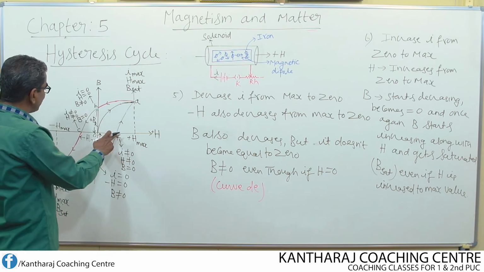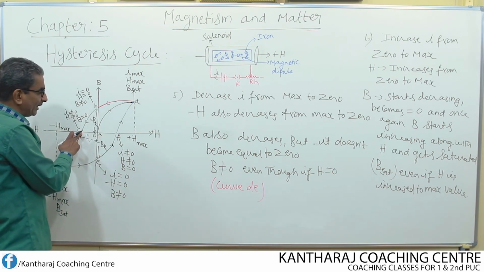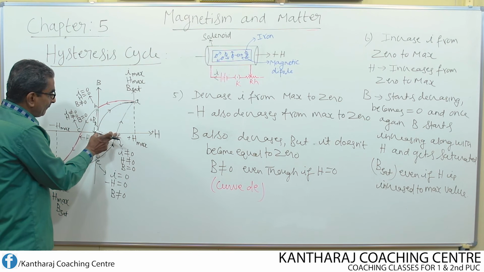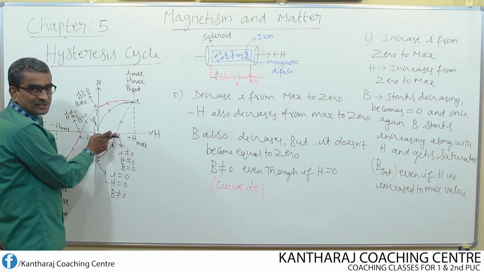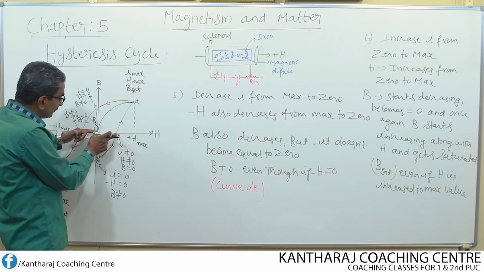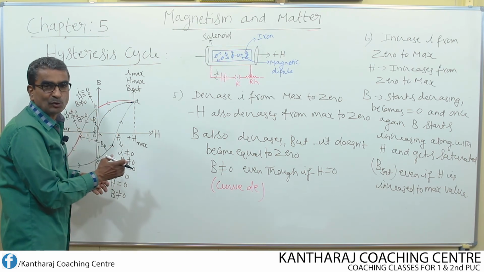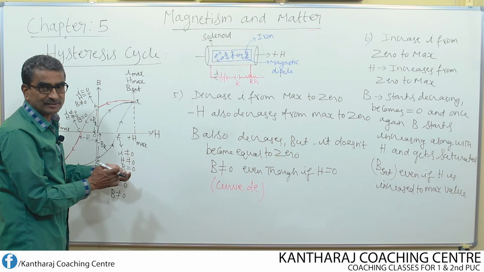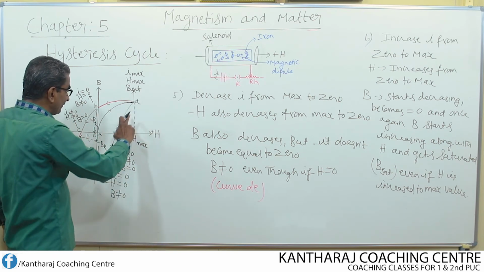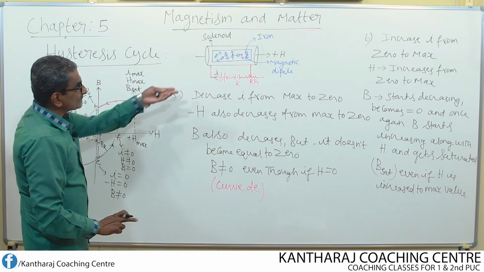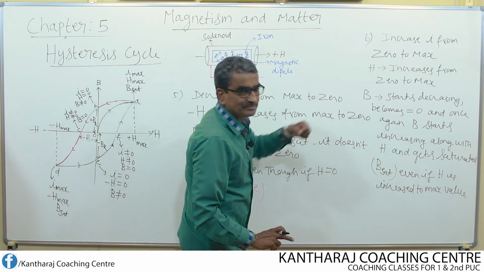So this point is the replica of the point C, and this amount of positive field plus H which is required to demagnetize the material is once again known as the coercive field. Now on increasing H further, B starts increasing.